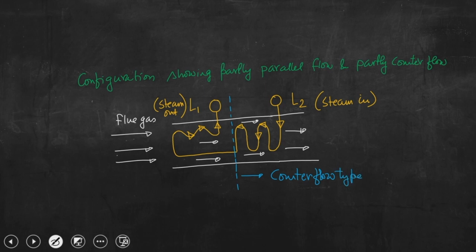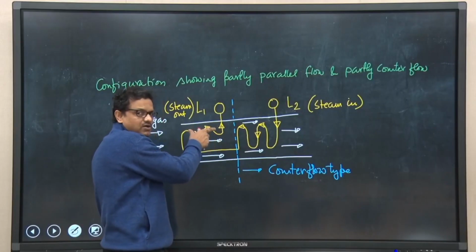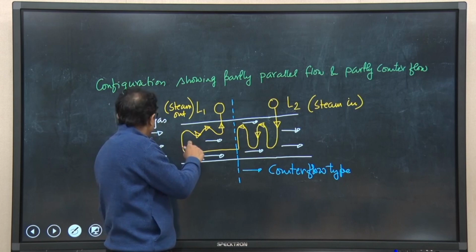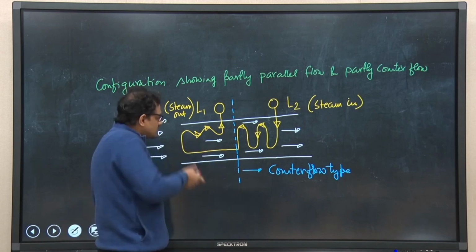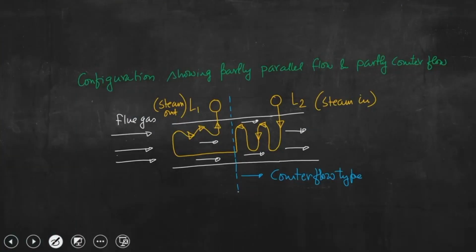So, this is counter flow type, while if we look at the left side of that demarcating line, we can see that the steam is flowing also in this direction in the upper part of the coil, and flue gas is also flowing in this direction. So, these two streams are flowing in the same direction, that is from left to right, and this particular configuration shows similarity with the parallel flow type.